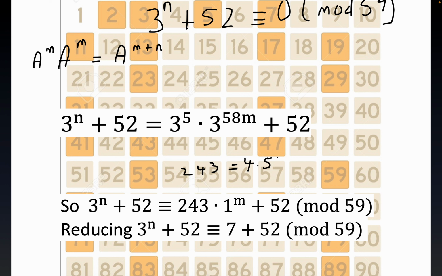And that's the arithmetic statement behind going from here to here. That's why I like doing things in modular arithmetic format. You can treat things very much like equality symbols. So that's plus 7, right? 4 times 59 is 236, plus 7 is the 243 that you see. So this got reduced modulo 59. That's all that really changed in the statement.